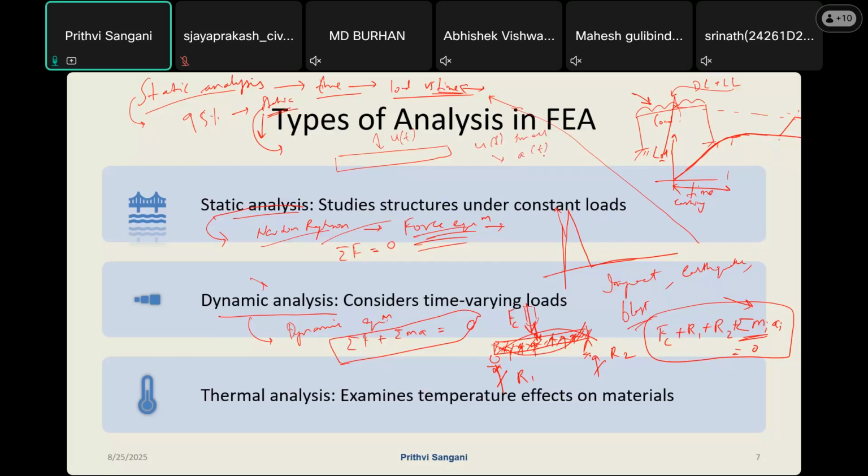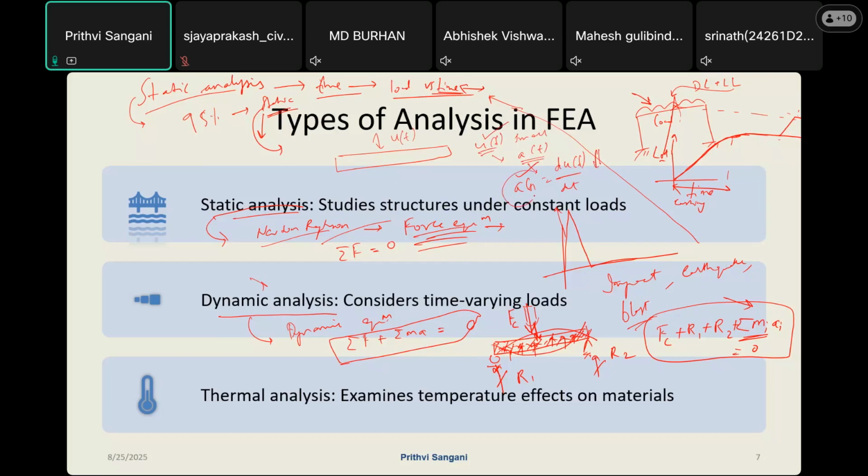What does u of t small mean? u of t is nothing but the velocity, and a is nothing but acceleration. Acceleration is the differential of velocity, a of t is du by dt. When u of t is very small, a of t is also going to be very small.